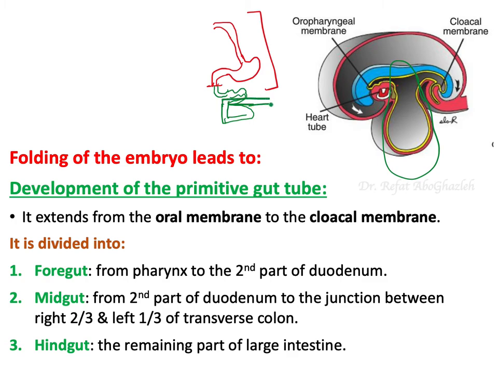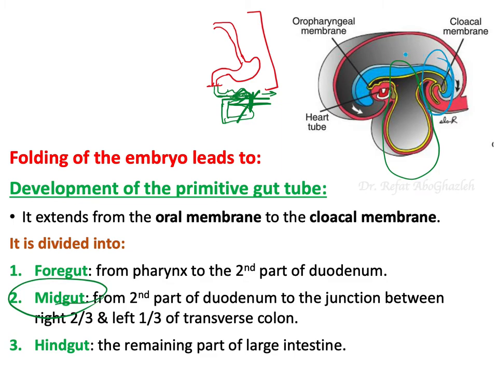The transverse colon can be divided into right 2/3 and left 1/3. So the midgut extends up to the right 2/3 until this point. That means it includes the right 2/3 of the transverse colon.